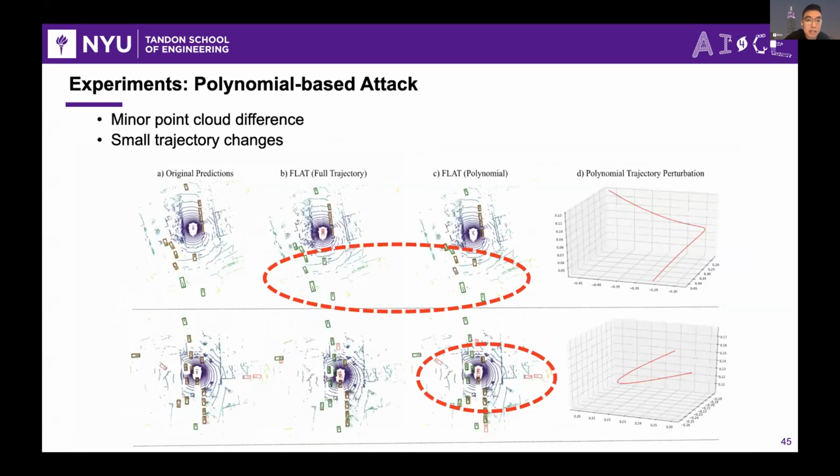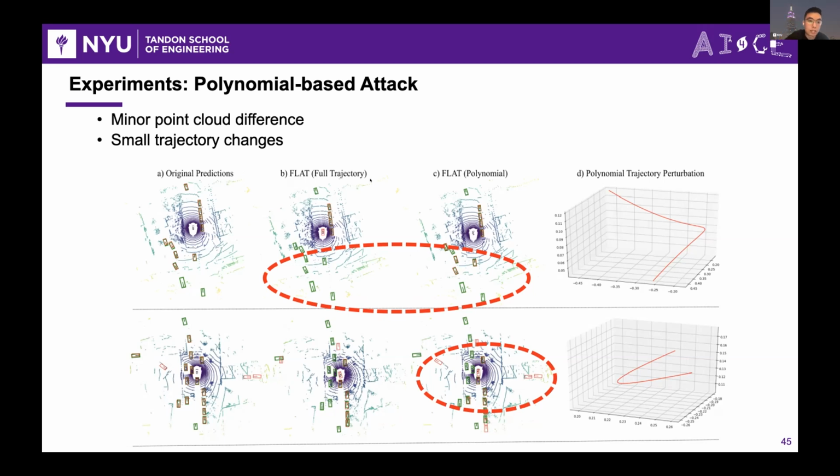And to make our attack more smooth, we also implement a polynomial coefficient onto the trajectory. Instead of trying to manipulate each trajectory point, we are now trying to manipulate the polynomial coefficients after the interpolation.